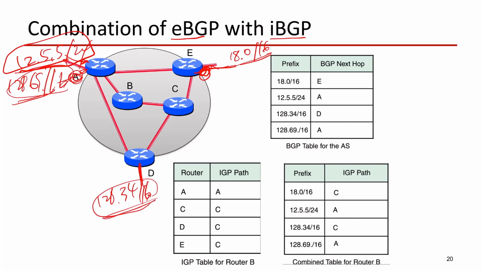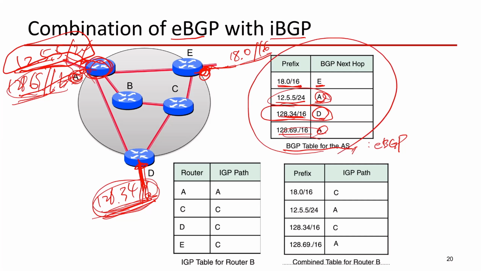Whatever packets come with these prefixes, prefer to come via D. So in the BGP table for the AS, which is our eBGP, a prefix is matched to a border gateway. Let's say D has this prefix. Whatever comes to D is prefixed with this one. This could be multiple, like A, if the prefix is coming this way. So it is a BGP table for ASs.